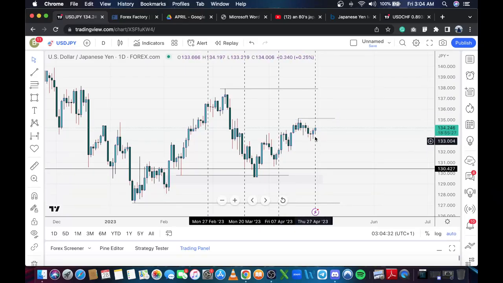Now, if we traded above this here, now we're trading outside our data set within the last 20 days. So this becomes null and void. So what do we do? We go back 40 days. Is there any data set we can reference a premium in the last 40 days? No. Why? Because the data set within the last 40 days, they're all at discount. So we have to go back out again to the last 60 days.